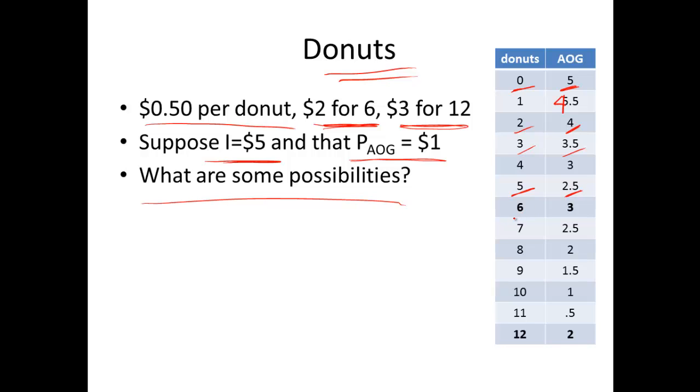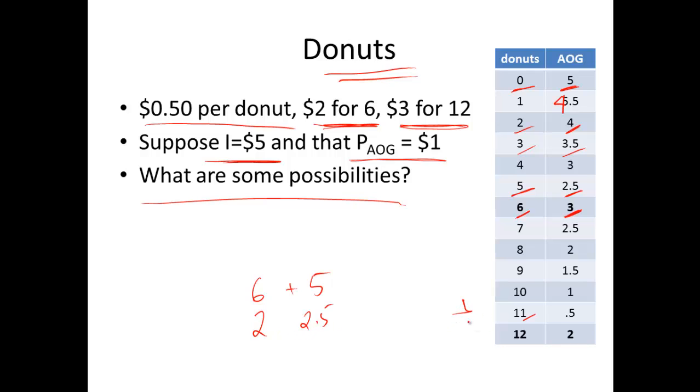What if they bought 6 donuts? If they bought 6 donuts, it would actually only cost them $2, which means they'd have 3 left over to buy 3 units of the other good. And then the process begins anew with 50 cents per additional donut until they get to the 12th donut. Let's contrast 11 with 12. So 11 donuts would cost the price of a half dozen, so 6 donuts costs $2, plus 5 more donuts is 2.5 more, so that's $4.50.